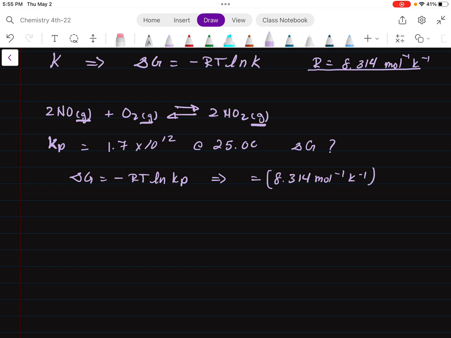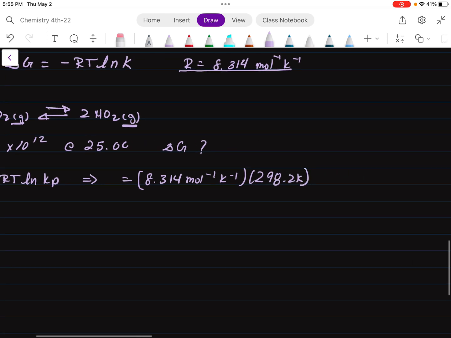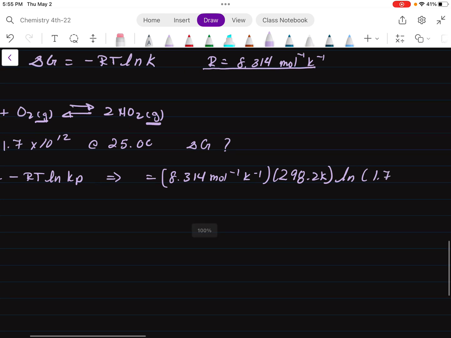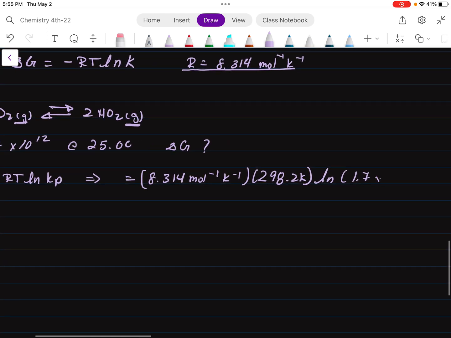We're going to use Kelvin for the temperature, which is 298.2 Kelvin. Then we're going to multiply by the ln of Kp, which in this case is 1.7 times 10 to the 12. Once we have that set up, all we have to do is simplify.